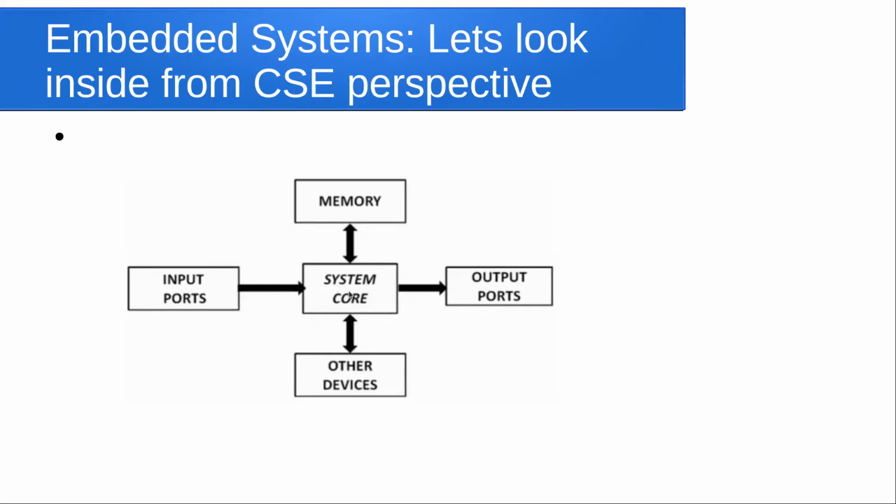For instance, if this embedded system is an IoT device, then the system core might be talking to a communication controller, which is connected to an Ethernet controller, which itself is connected to an IP gateway, right? Or it could be a Wi-Fi module, which handshakes with the modem's Wi-Fi, right? On the other hand, this system core will be driving its outputs through appropriate drivers through its output ports, and it can control the output devices.